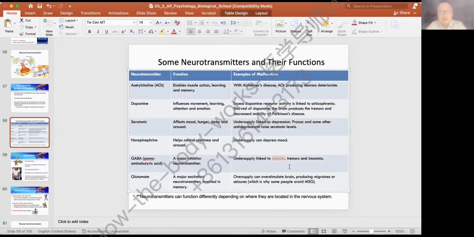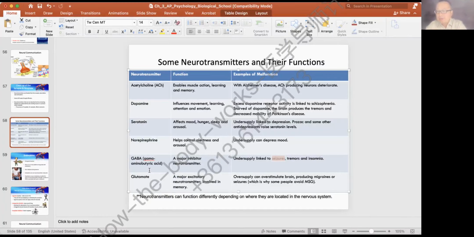Seizure is a kind of disease where generally the muscle is overexcited, and if the person loses consciousness, maybe he will bite his or her own tongue, or even fall to the ground. I think that's overexcited. I mean, the muscles are overexcited. So that's one of the mechanisms of the GABA.